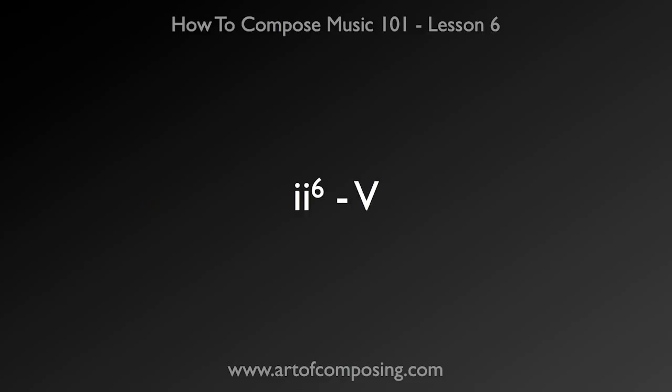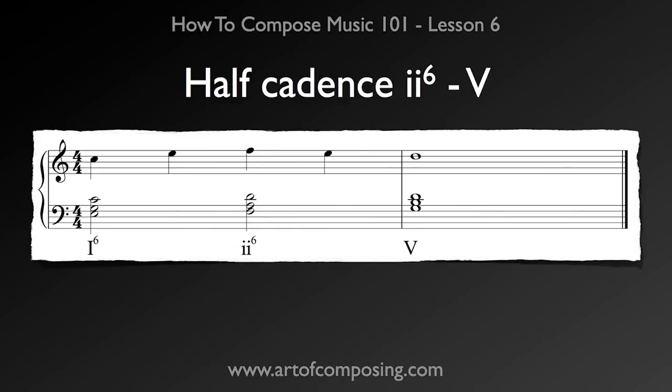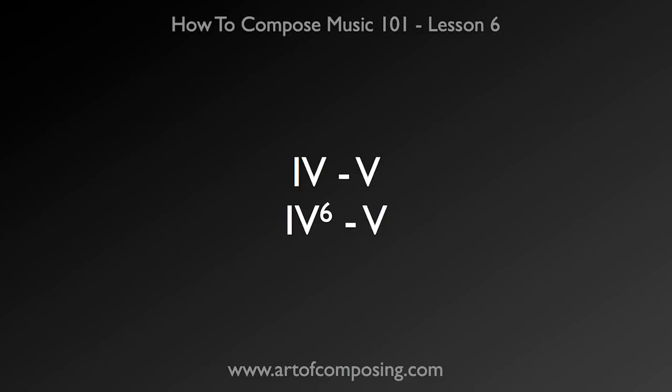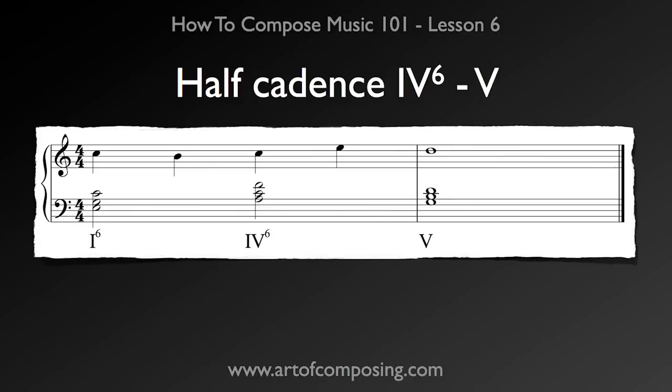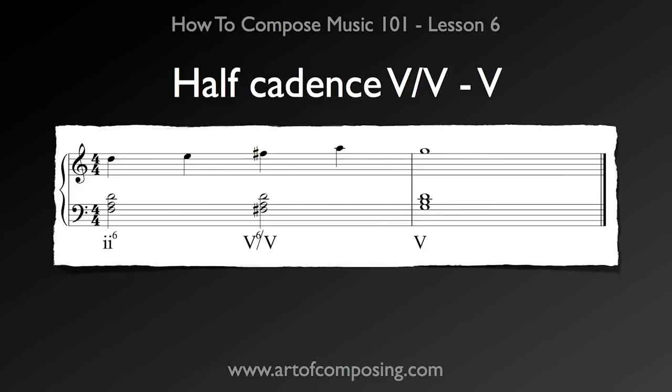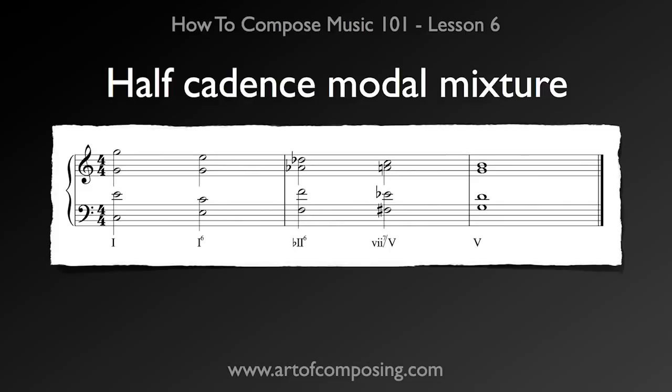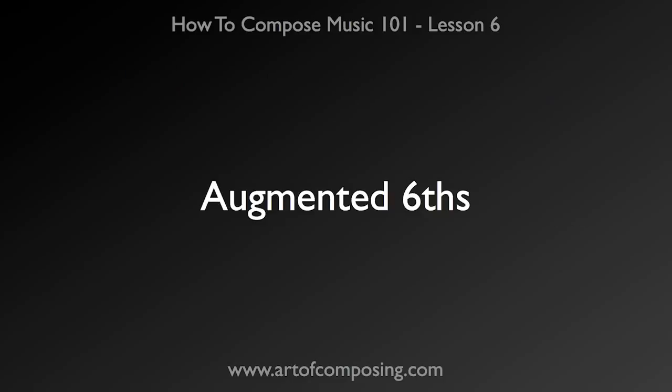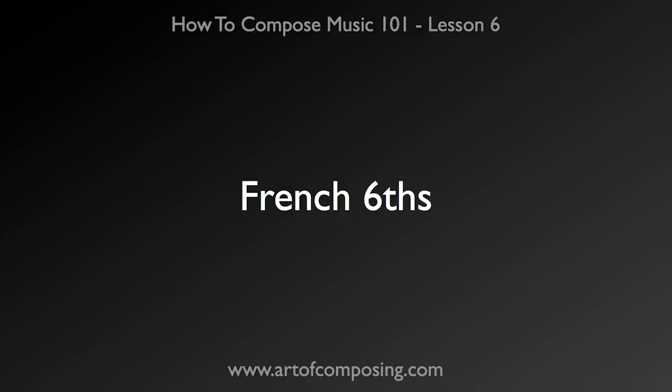You can have the standard 2-6 to 5, 4 to 5, or 4-6 to 5, you can also have applied dominance, modal mixture, and then there's also a class of augmented sixth chords called Italian sixth, German sixth, and French sixth.